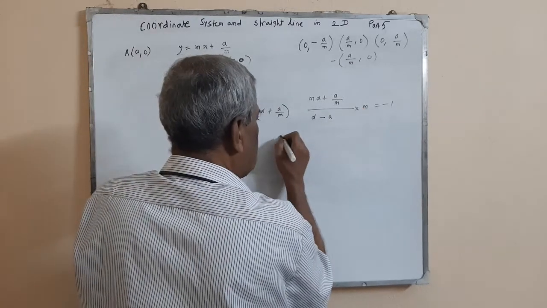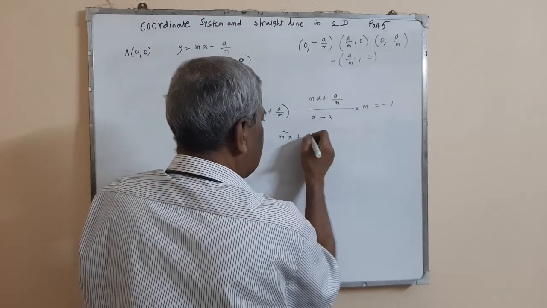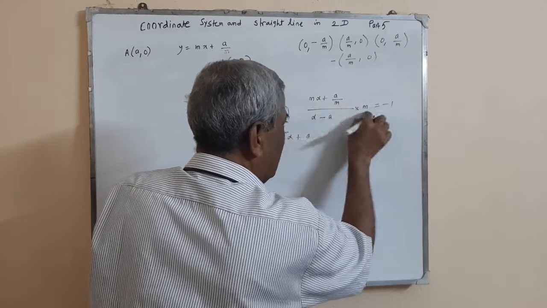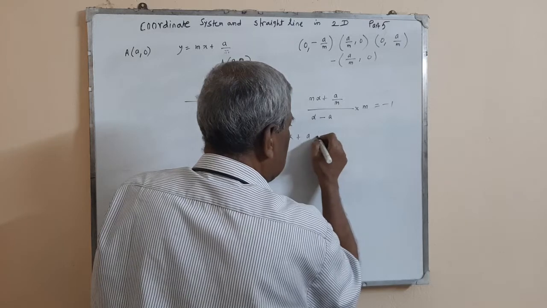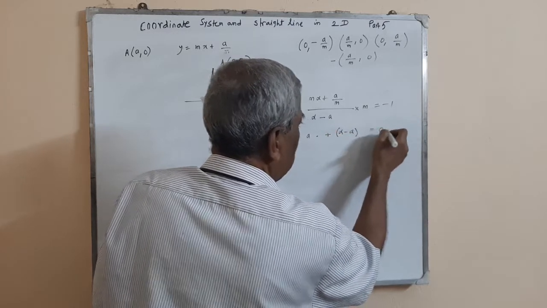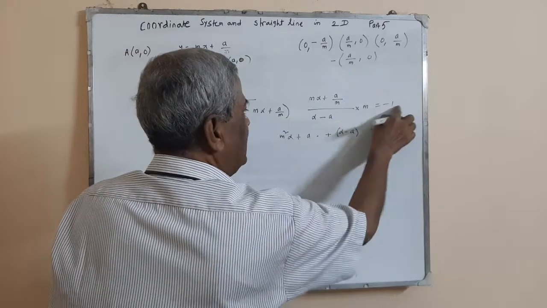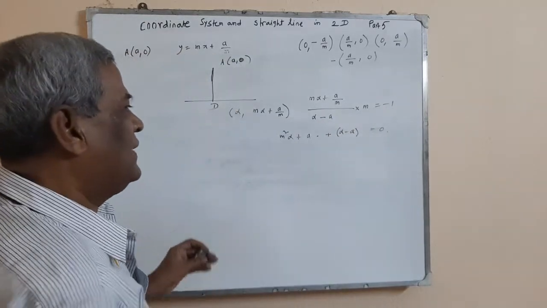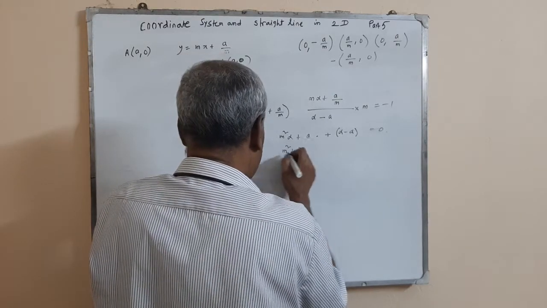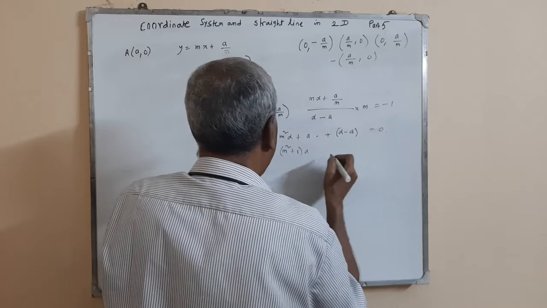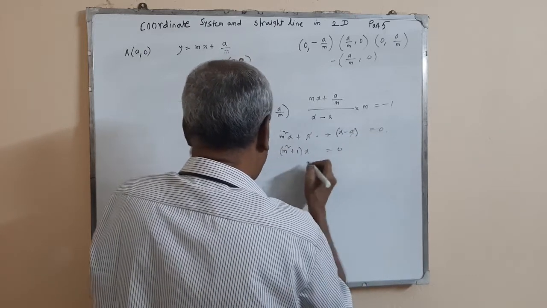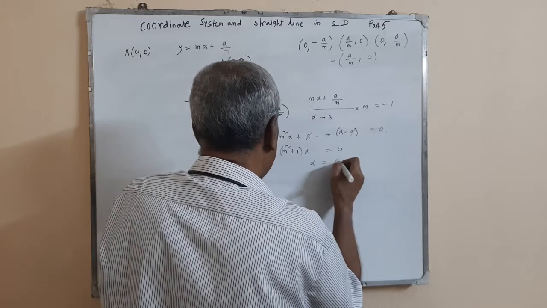That is m squared alpha + a, m multiplied by that, and -1 into that, this is equal to plus alpha - a = 0. Multiply and take that to this side. That is (m squared + 1) into alpha = 0, so alpha is equal to 0.